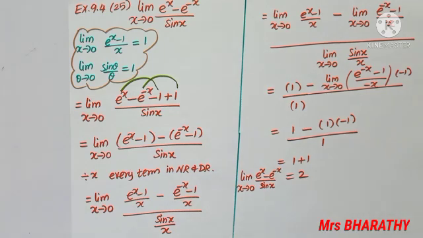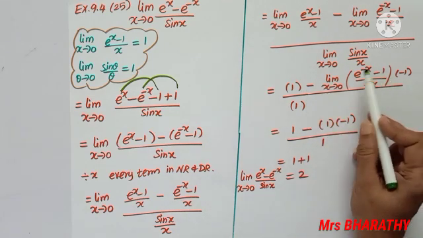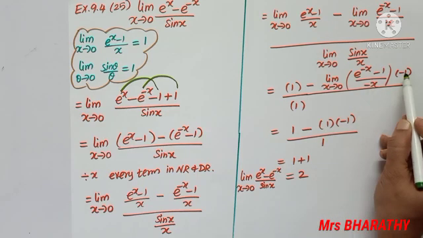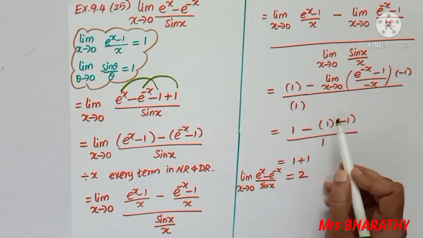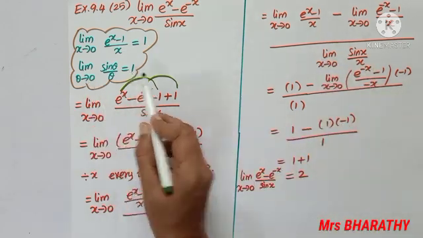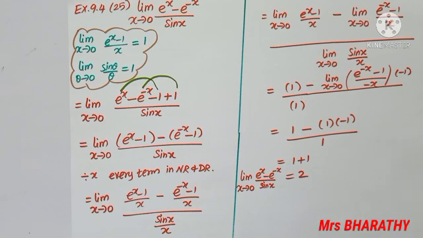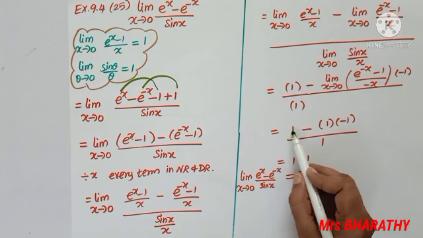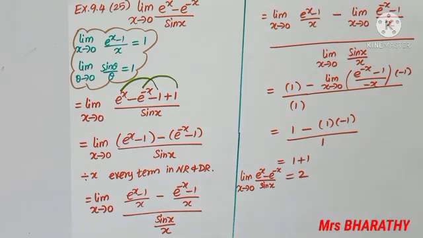So I get this answer also 1. There is minus 1 into minus, so it becomes plus. Denominator, by applying this formula, it also becomes 1. So we are left with 1 plus 1, that is 2, and that is the final limit value.